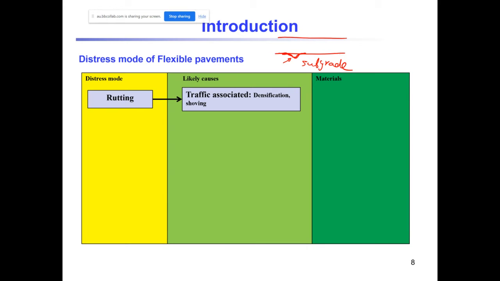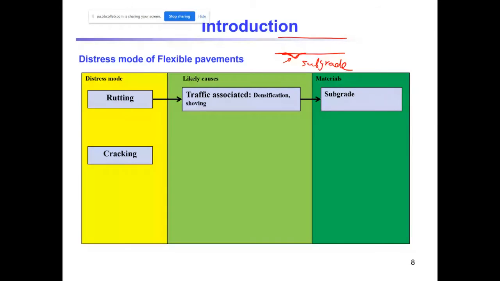This is considered a major failure in the road, and if we reach that point, we need to rebuild, reconstruct, and design a new type of pavement for the road. So this is related to the subgrade, permanent deformation of the subgrade.